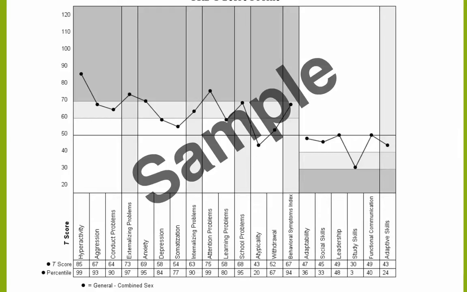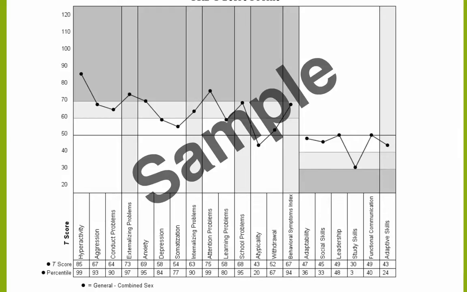And you can see that above 50, there is a dark area and a somewhat lighter area. The darkest area is kind of the clinically significant area. So if a child scores in that area, it's more likely clinically significant based on the fact that they've given the BASC to many kids, so that they have some norms on this.